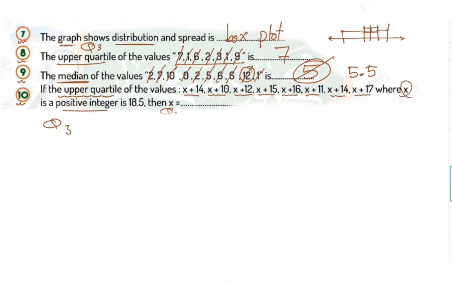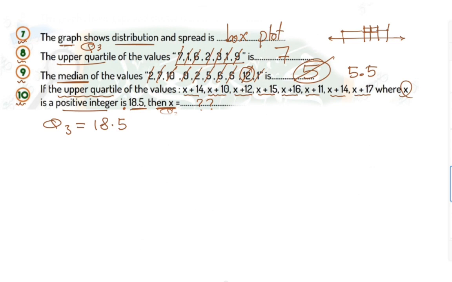No problem. The upper quartile for these values is 18.5. So he means that 18.5 is the upper quartile. So Q3 is 18.5. Then he asks us about the value of x. Which x? This x.